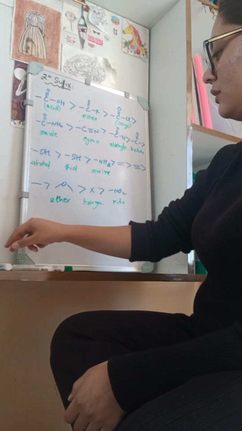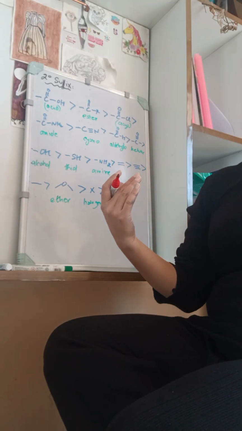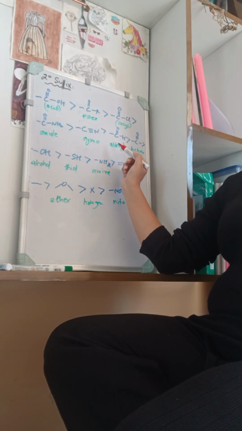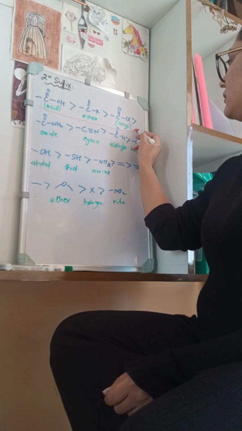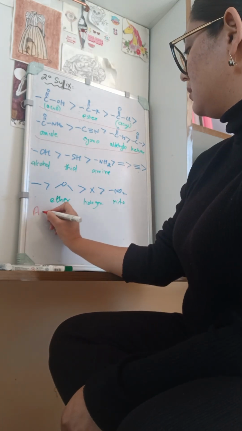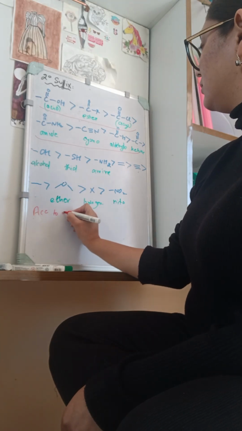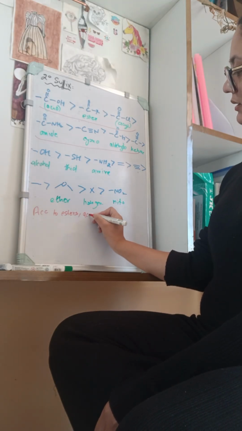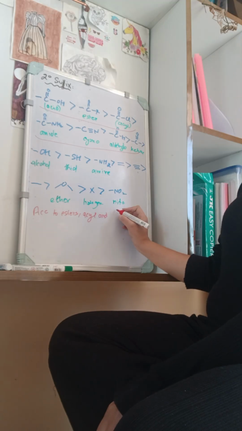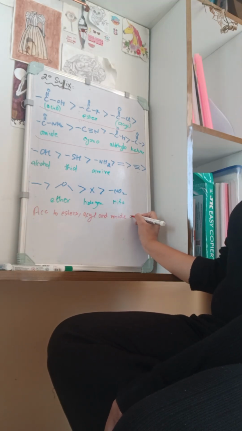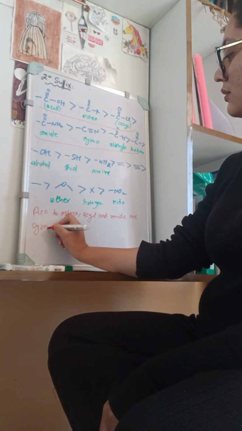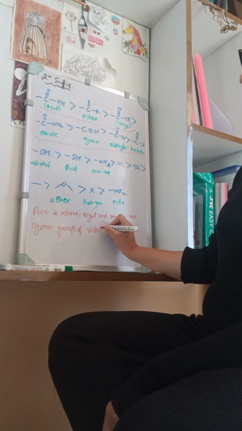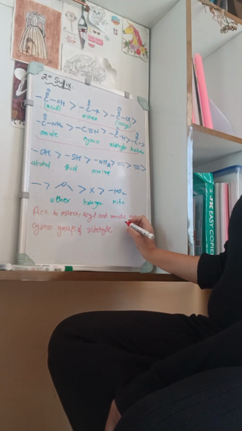You can remember this by, this is not a true statement, but you can remember this as: according to esters, acyl and amide are cyano groups of aldehyde and ketone.